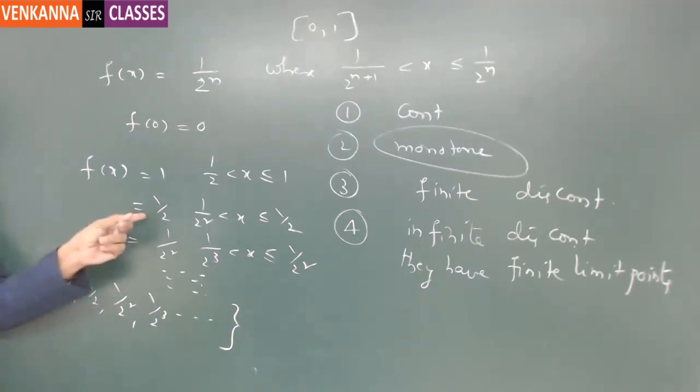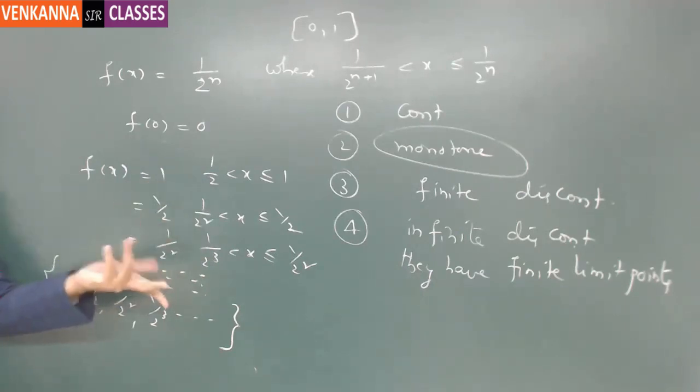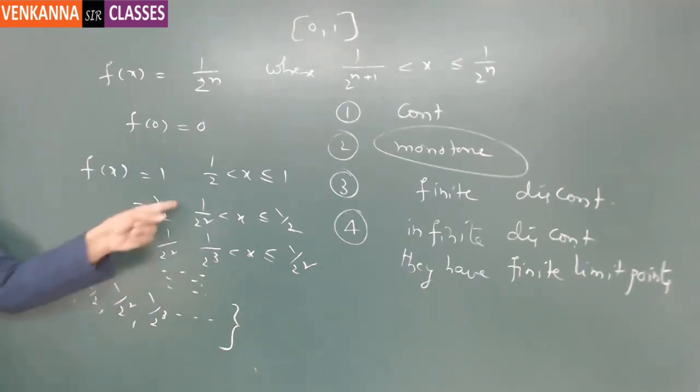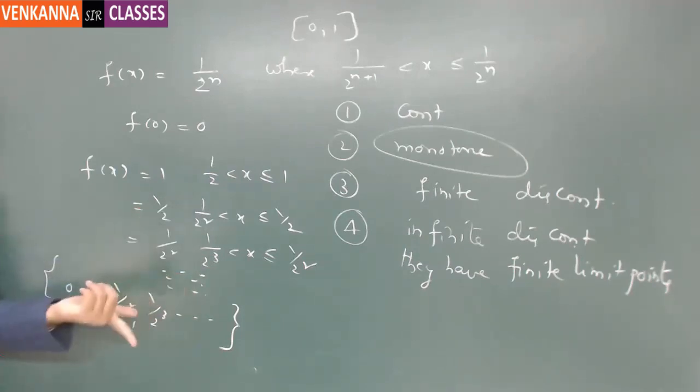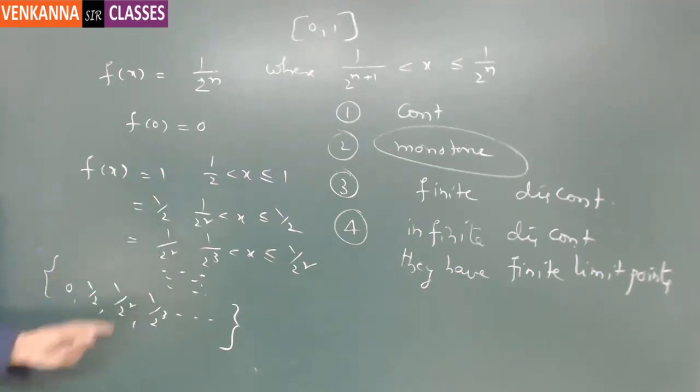Because at 1/2, if we calculate the right limit as well as the left limit, they are unequal. At 1/2 squared, the right and left limits are also unequal, and so on. The limits exist and are unequal, so it has jump discontinuity at these points.